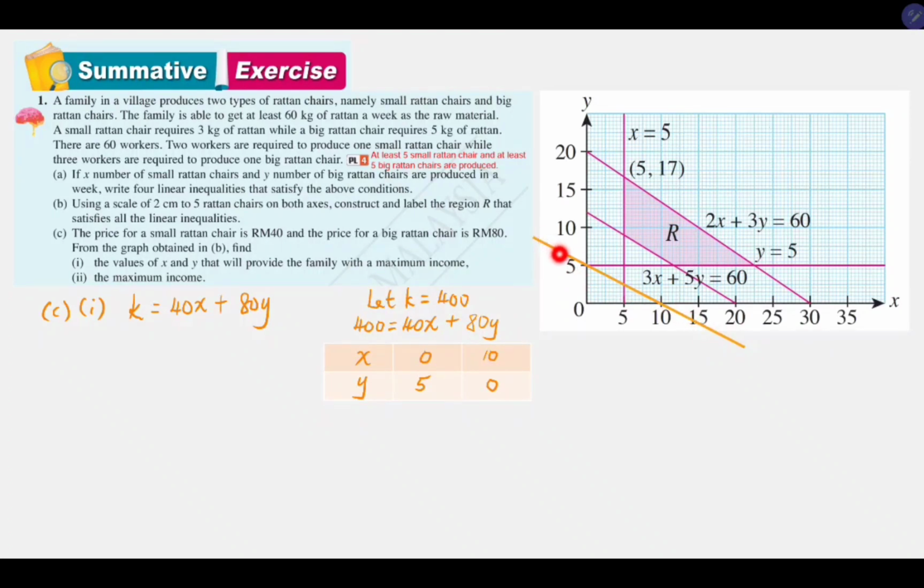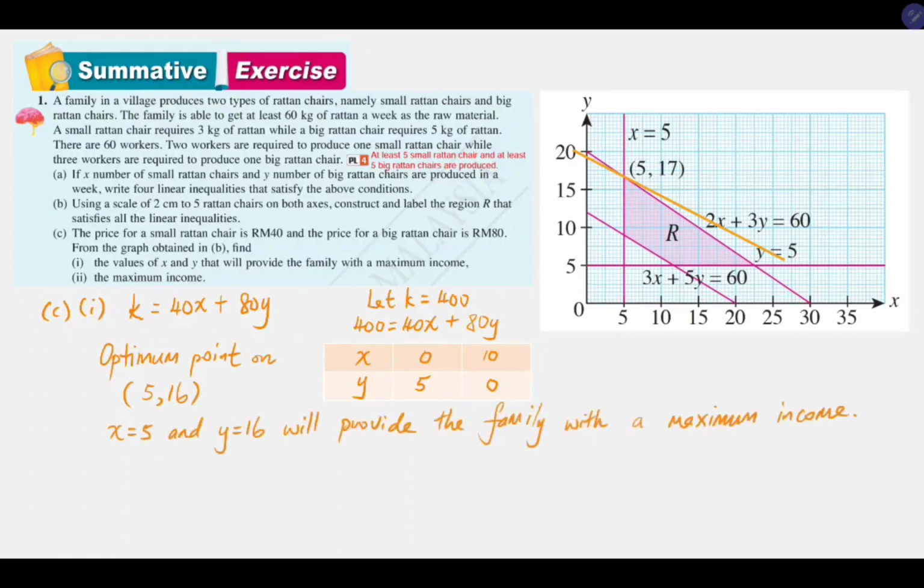Then we want the maximum income. Therefore, we will push this line toward the right of the feasible region, and it should be the last point from the feasible region. So let's push it, and we'll see it stops here.